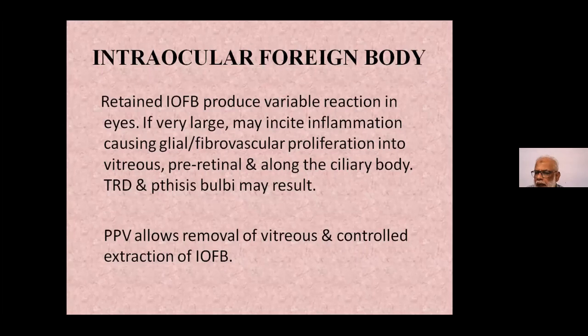So we have to make sure that intraocular foreign bodies are removed as soon as practical. One very interesting thing about intraocular foreign bodies is that during the Second World War, a lot of people ended up with glass pieces in their eye, and that glass piece did not cause any real problems, and that paved the way for the intraocular lens.